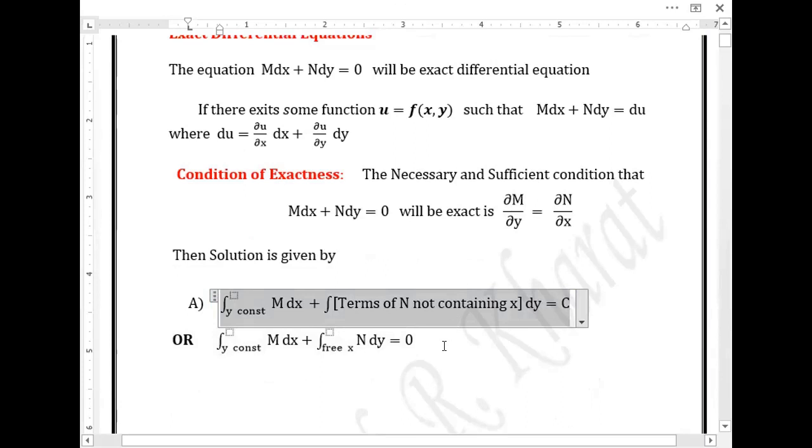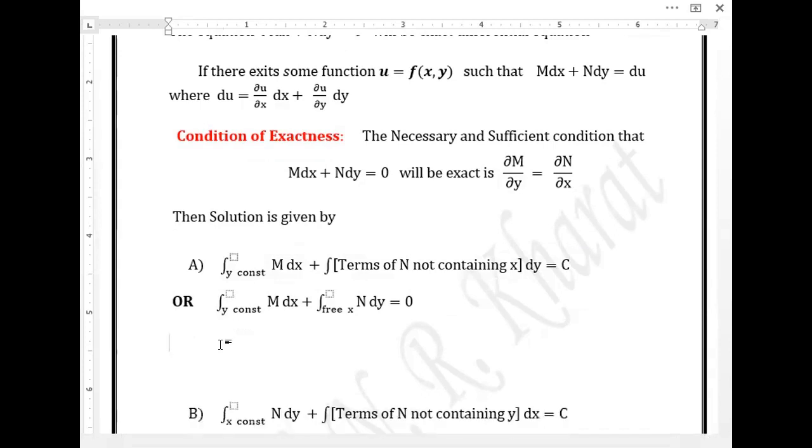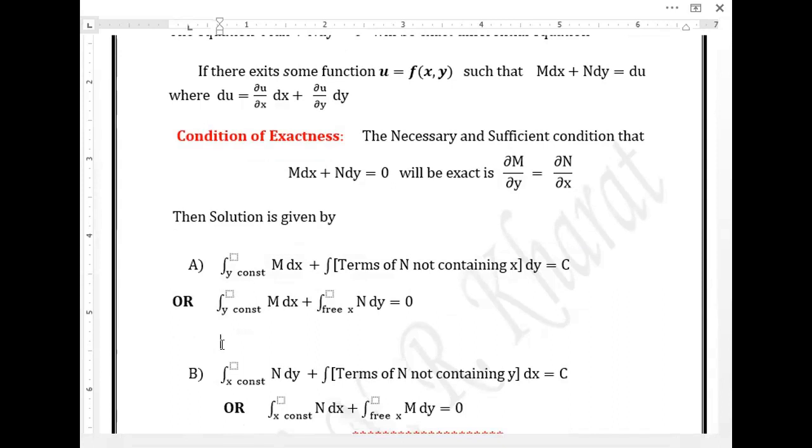In another way, we can find the solution of such a differential equation by reversing the process, which means following rule number two. We take the integration of N with respect to the y variable, keeping the x variable constant.